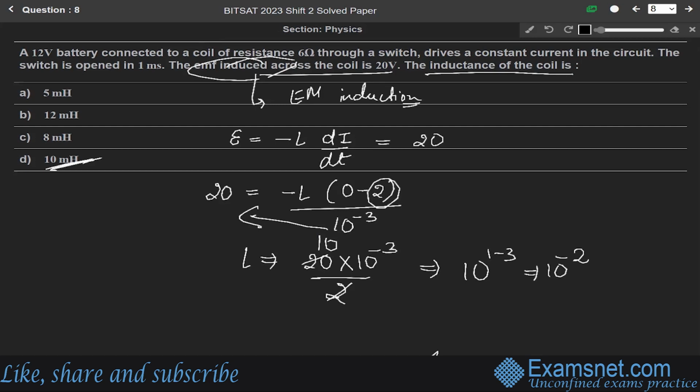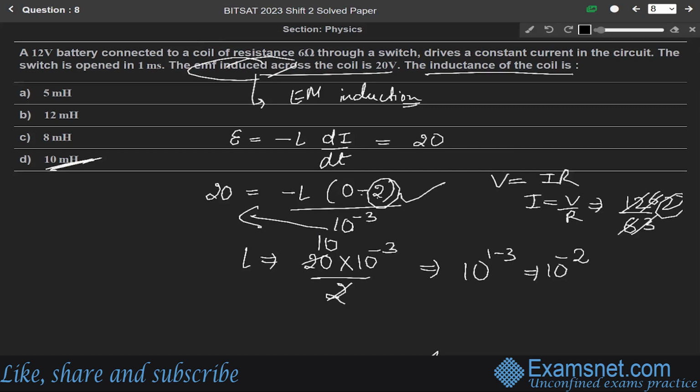Now the current I: using Ohm's law, we write V equals IR. So I will be equal to V over R. V is given as 12 volt over R is given 6. So 2 sixes are 12, so I is 2 ampere. This one is also correct. So 20 equals L into 2 over 10 to the power minus 3.